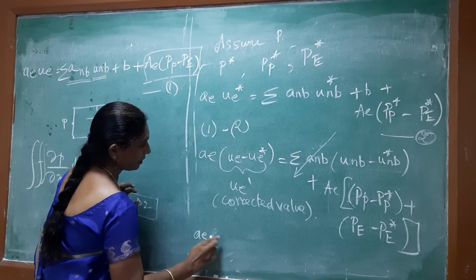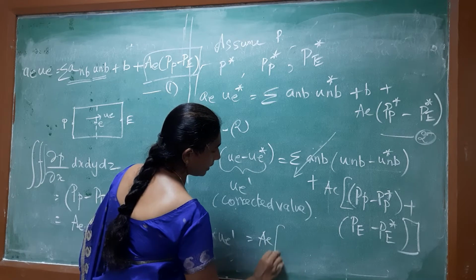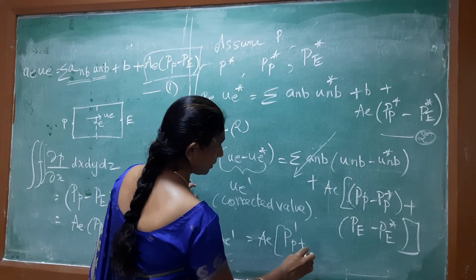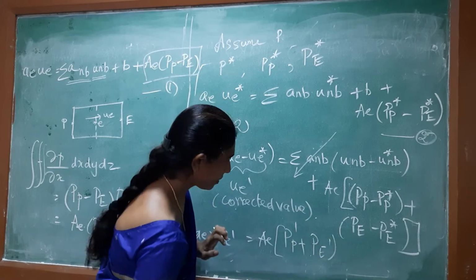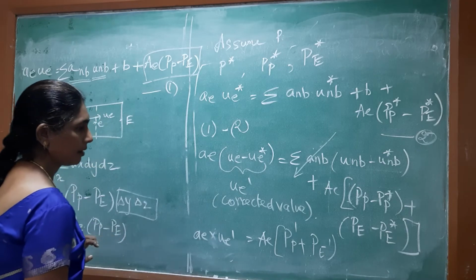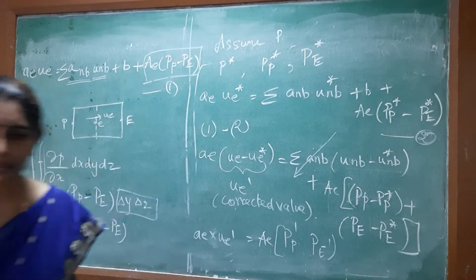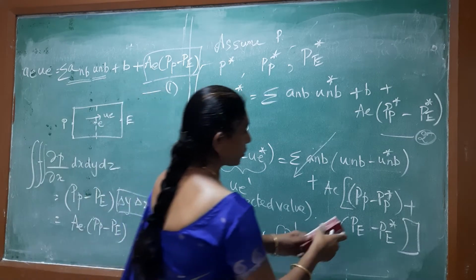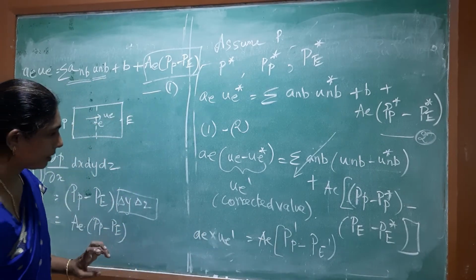AE into UE dash equals AE into PP dash, and once again, this has to be minus, so it is PP dash minus PE dash, right?